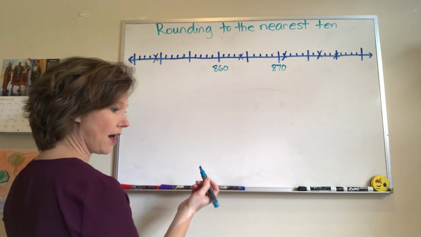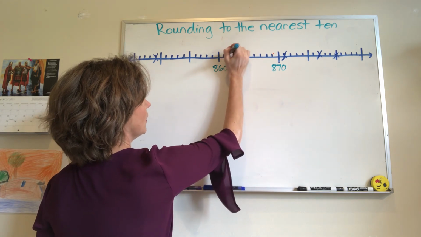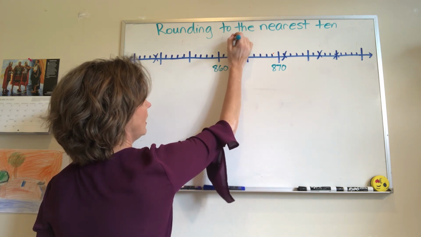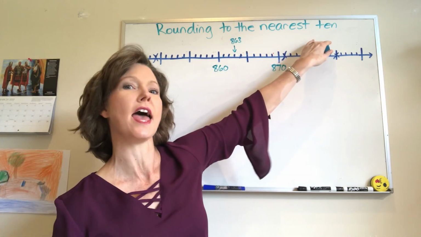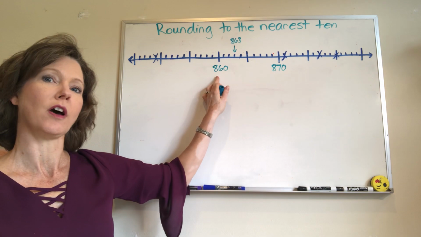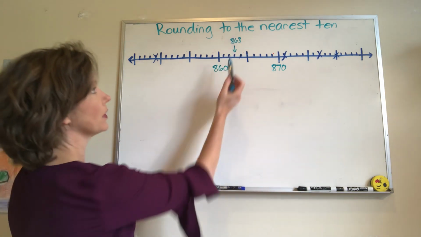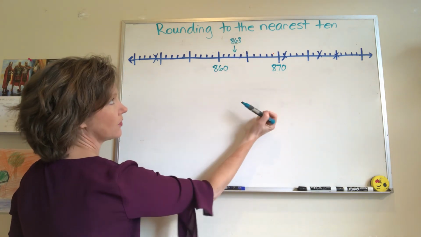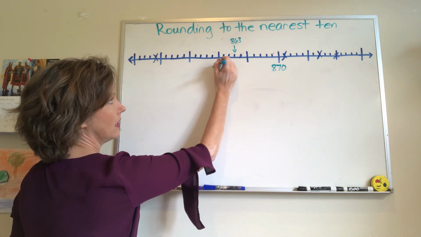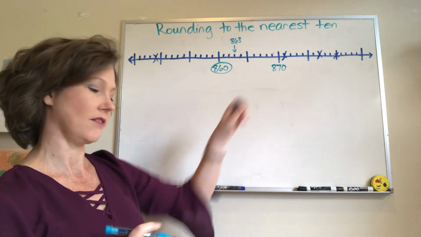All right, so if I have 863 and I'm rounding to the nearest 10, I don't even have to look at the hundreds place. I can see that 863, when rounded to the nearest 10, is either going to be 860 or 870, and it's going to be 860 because it's closer to the 60 than to the 70.